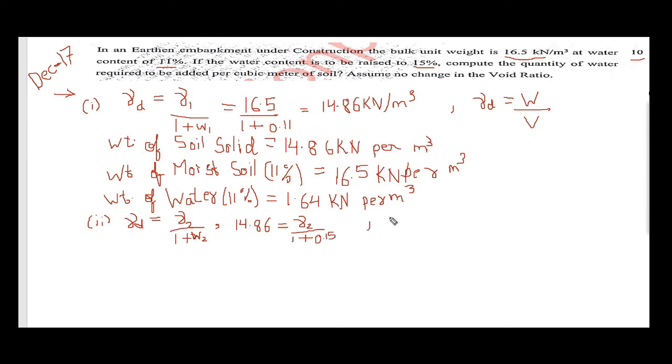The bulk unit weight gamma 2 will be 17.08 kilonewton per meter cube.